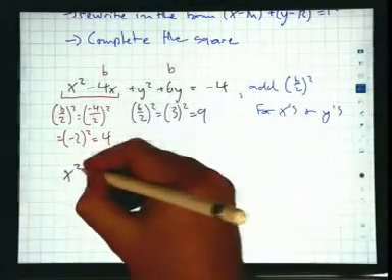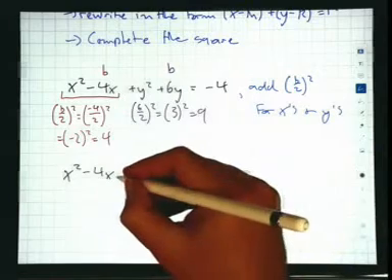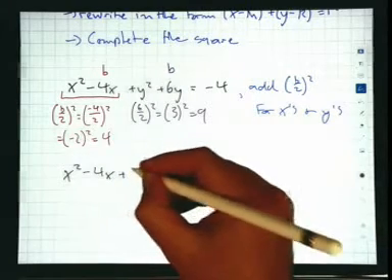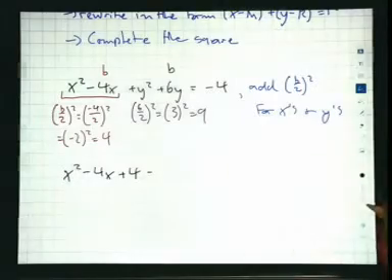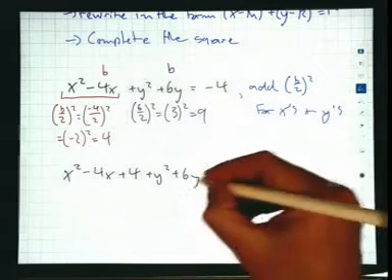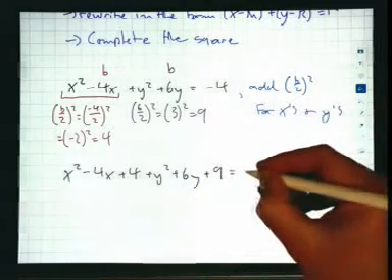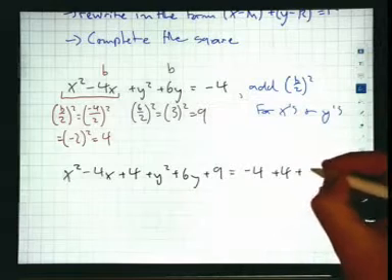We now have x squared minus 4x plus 4 plus y squared plus 6y plus 9 is equal to negative 4 plus 4 plus 9.